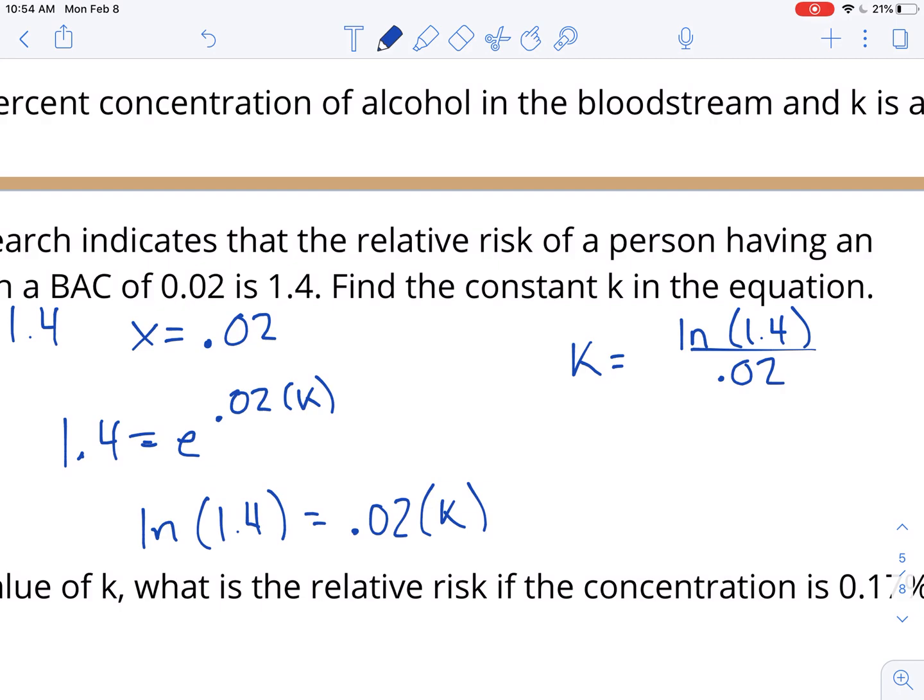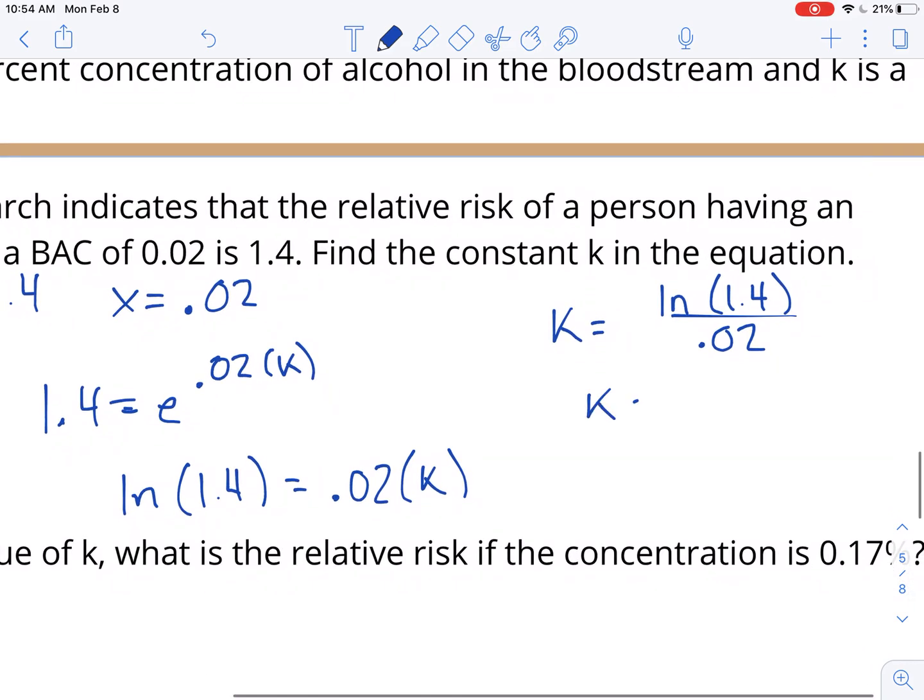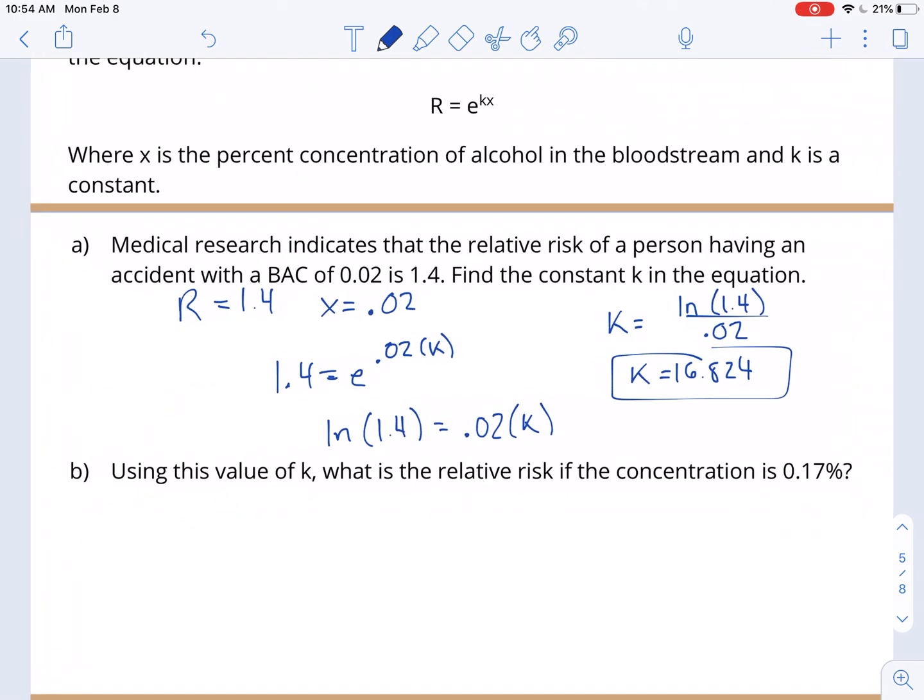Natural logarithm of 1.4 divided by 0.02, and k is equal to 16.824.